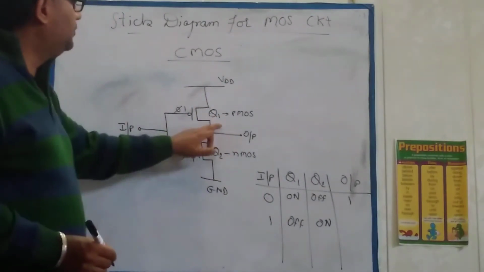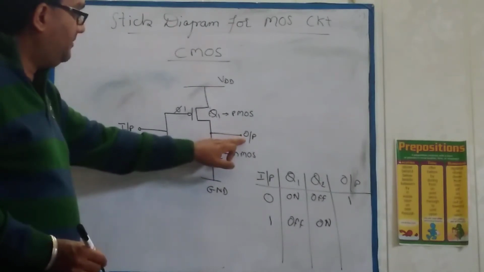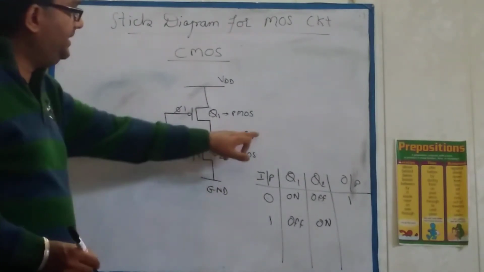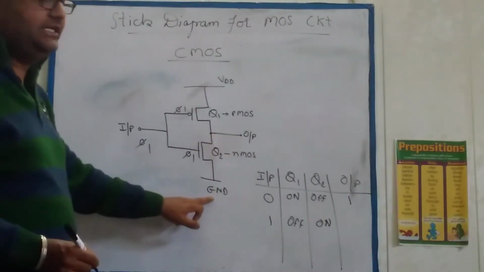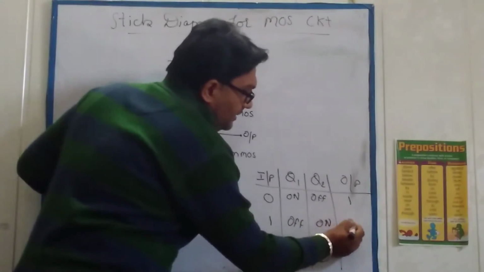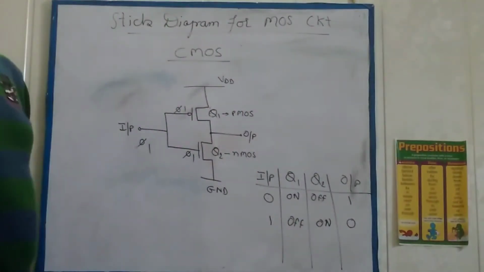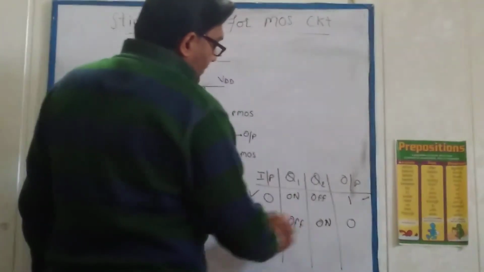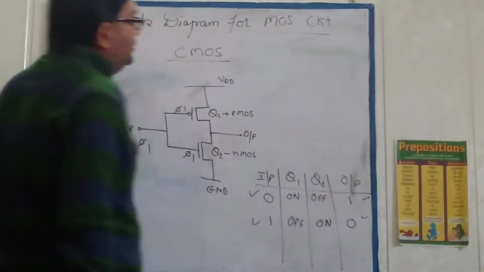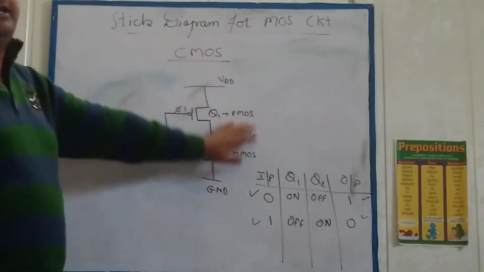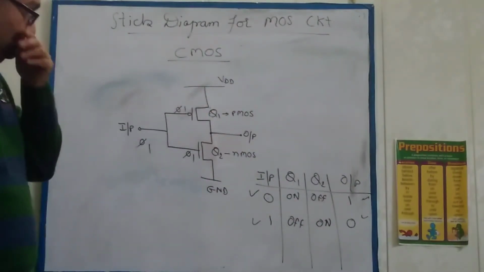As the output is connected to ground, what appears at the output is the ground potential, which is 0. So I get 0 at the output. Again you observe, for 0 you get 1, and for 1 you get 0. In this way, CMOS works as an inverter.